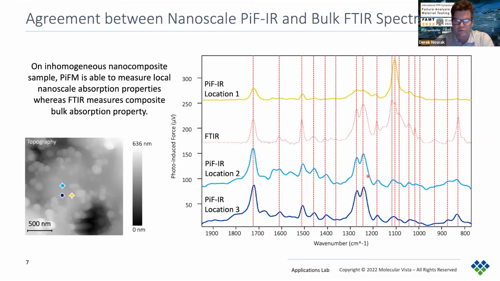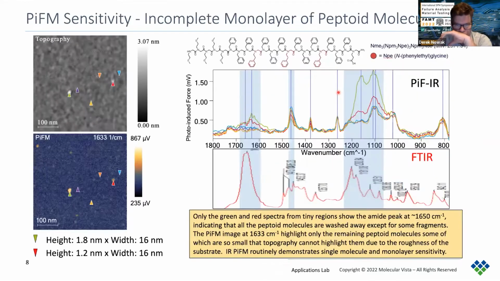If you then go to location 2 and 3, you're seeing that silicon oxide is not as prevalent anymore, but you're seeing some carboxyl regions that are more prevalent. What we do know about this particular sample is that there are silica beads inside this composite, these little nodules, and that's what you're seeing in the yellow spectrum. But anyways, this helps you visualize what we're trying to decode.